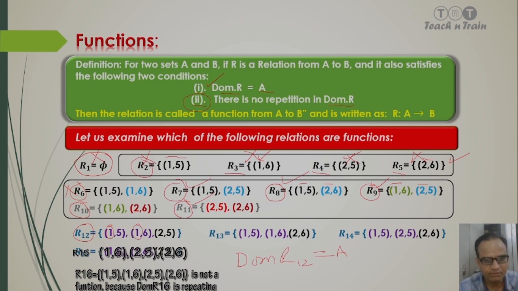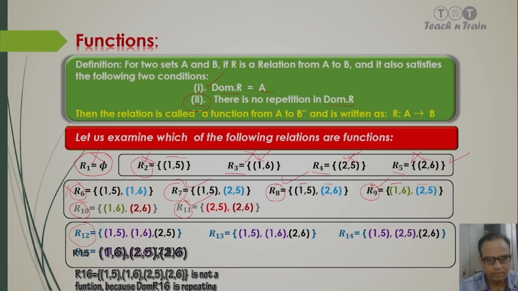For R12, we can see that the domain of R12 is equal to set A. So the first condition is satisfied, but we can see in the ordered pairs of R12 that one element, 1, is repeating. So R12 is not satisfying the second condition, which is important for a relation to be a function. So R12 is not a function.